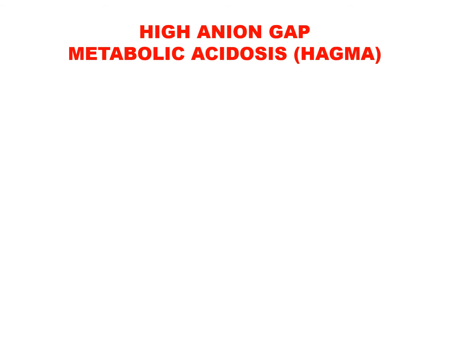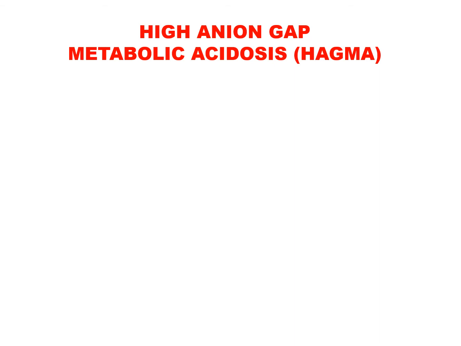Metabolic acidosis can also be characterized by high or normal anion gap conditions. I gathered these mnemonics from the internet for you to understand and better remember the underlying conditions set in under high anion gap or normal anion gap conditions.